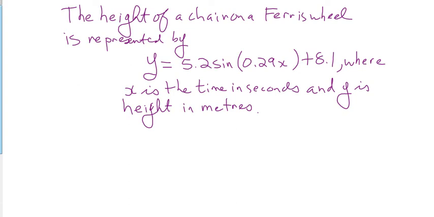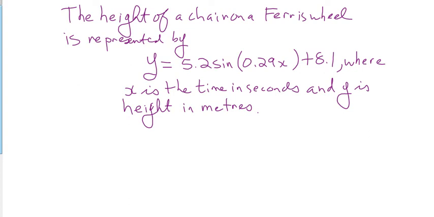So before we ask the specific question that could be asked on a test, let's run through everything that we should know about this or could know about it, right? And they're not going to ask you all of this. On a test, you're just going to be asked something like, at what time is the chair at a height of 12 meters or something, right?